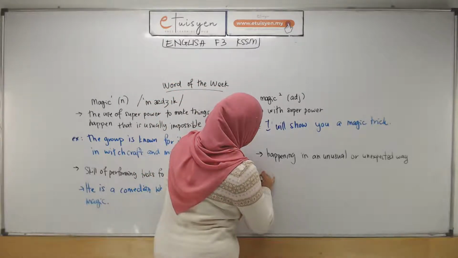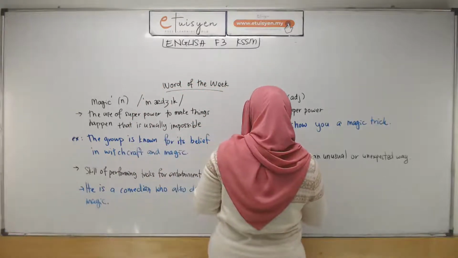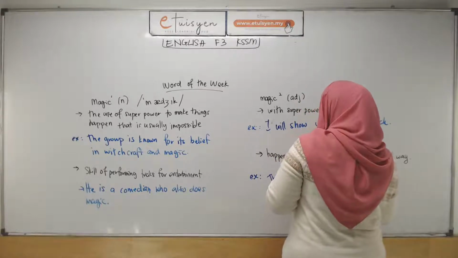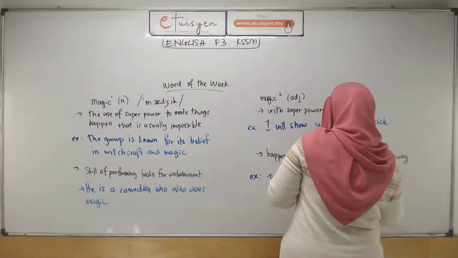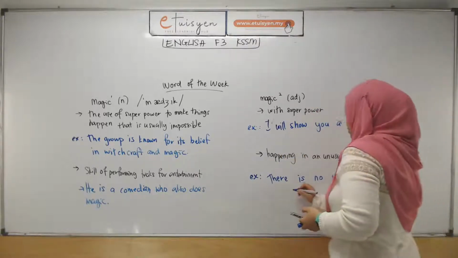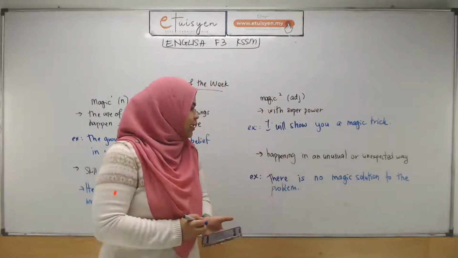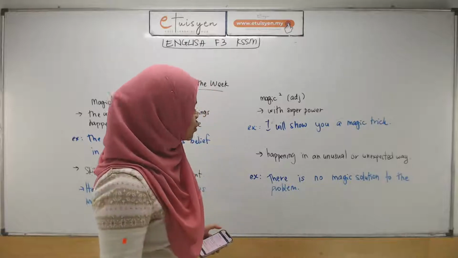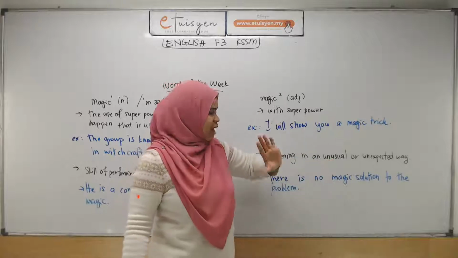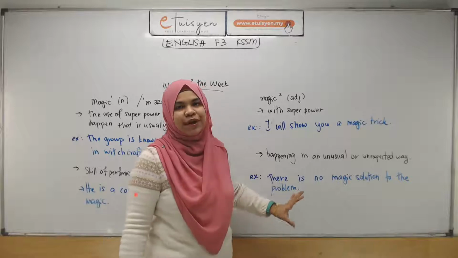Second one is, okay, how do you use it? So the second one is, there is no magic solution to the problem. So maksudnya kalau ada masalah. Okay, so here, tak ada silap mata, solusi silap mata kepada problem tu, kepada masalah tu.